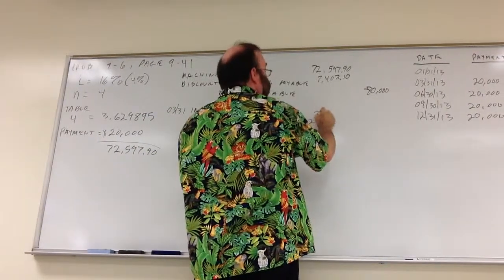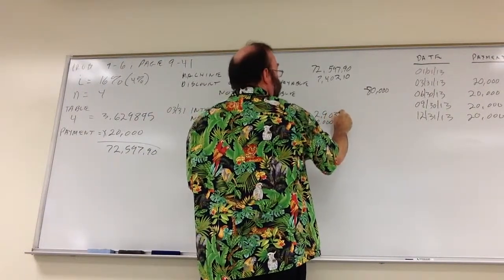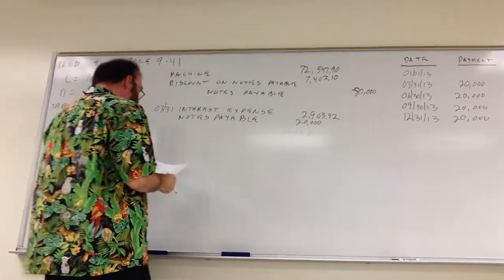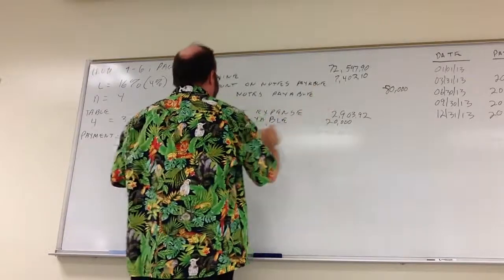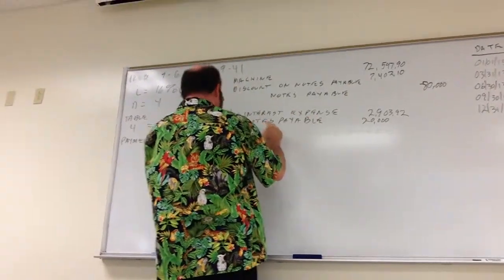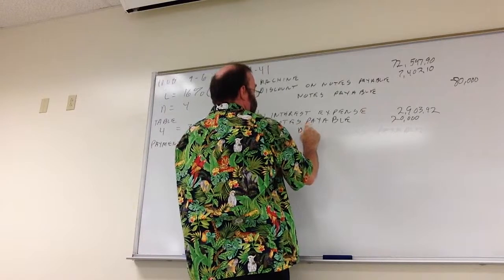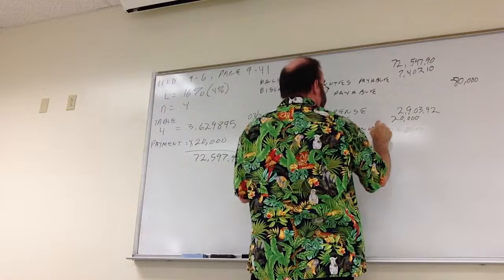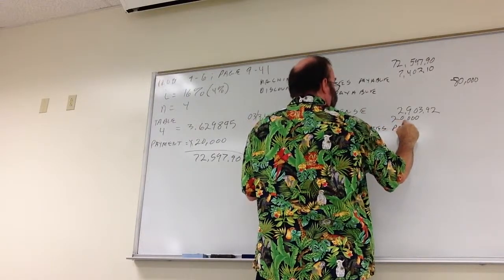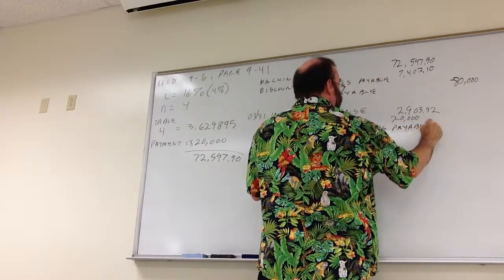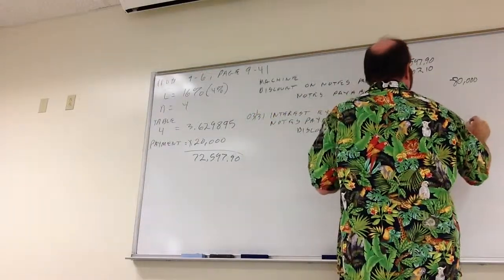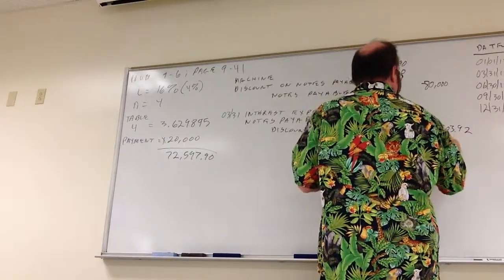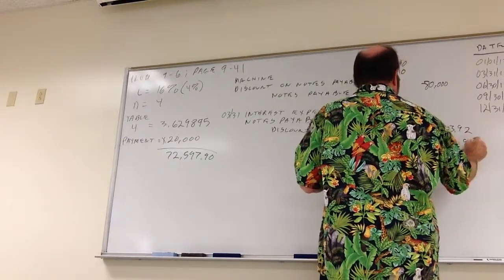We had $2,903.92 in interest expense. We're going to reduce that by that same amount, the discount, by the $2,903.92. And then we have our $20,000 credit to cash.